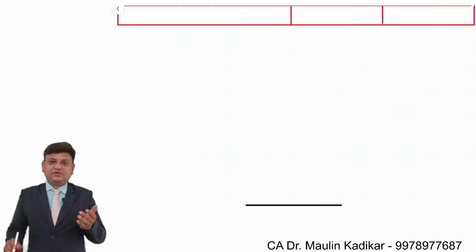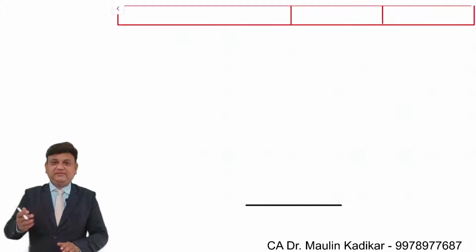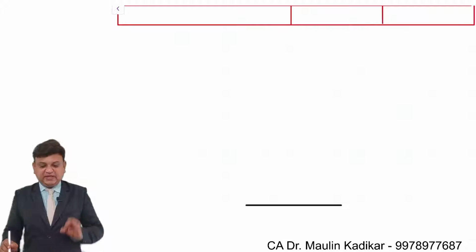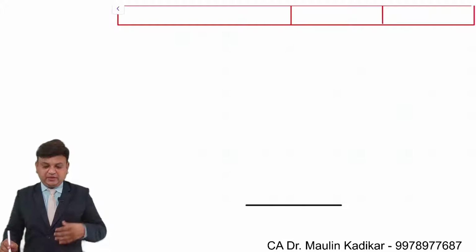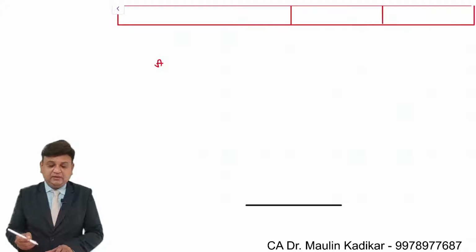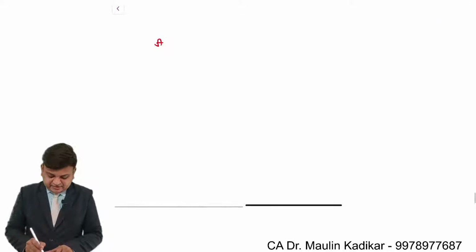I am reading the first transaction, and with that I am giving explanation to you. The question is providing that A Limited has imported goods from a US company. So there is a company called A Limited which is there in India, which has imported goods.